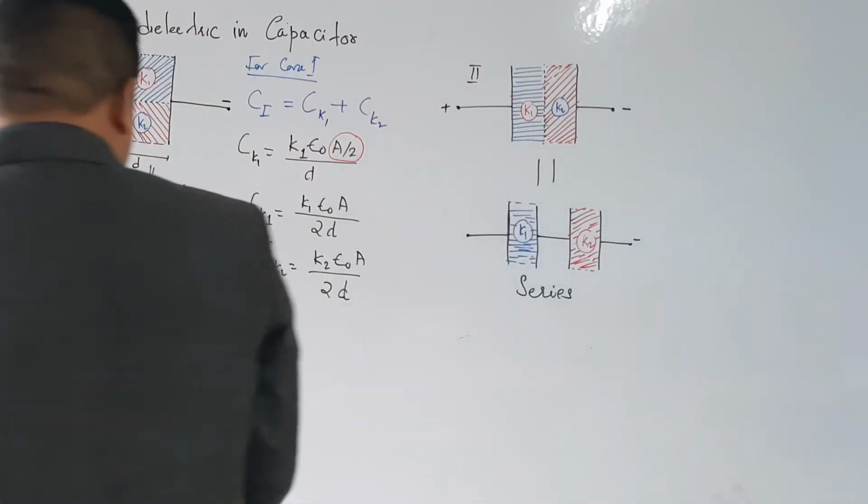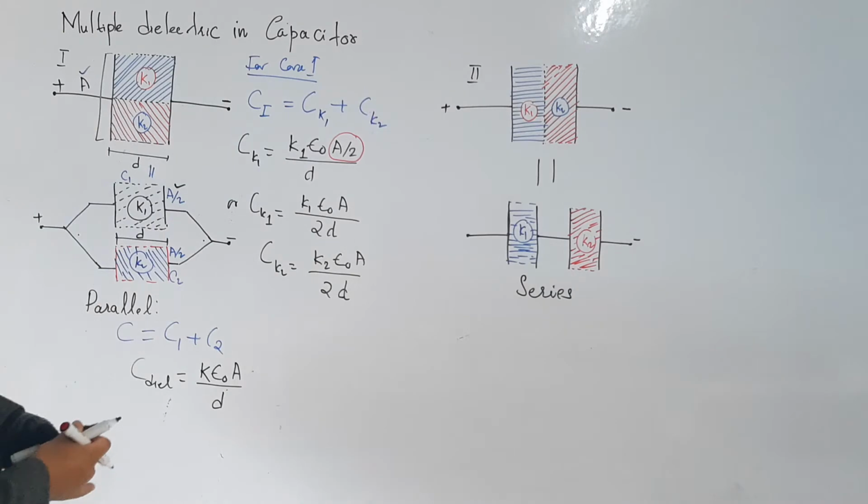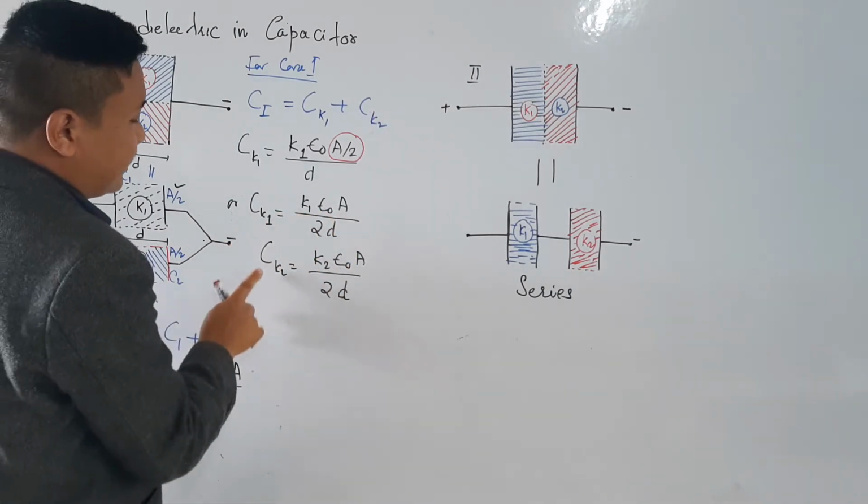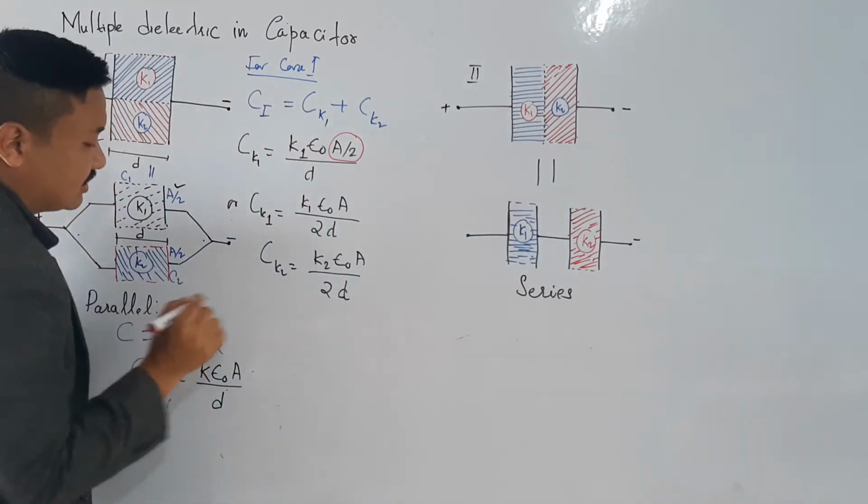Now let me put the values of CK1 and CK2 in equation number 1.